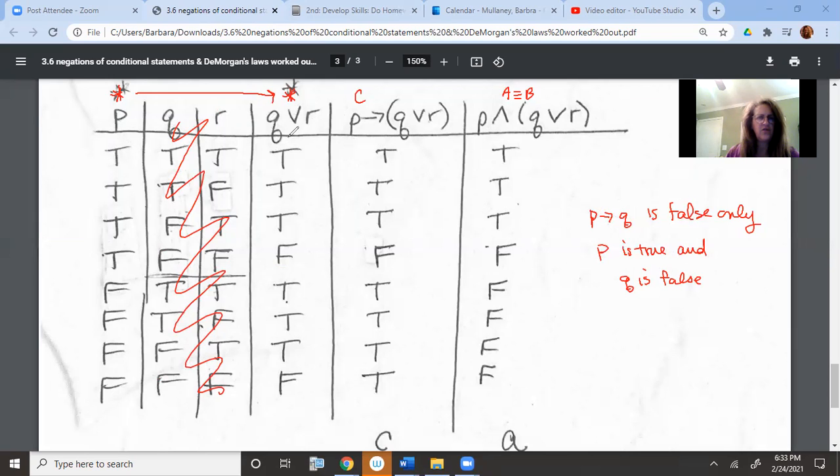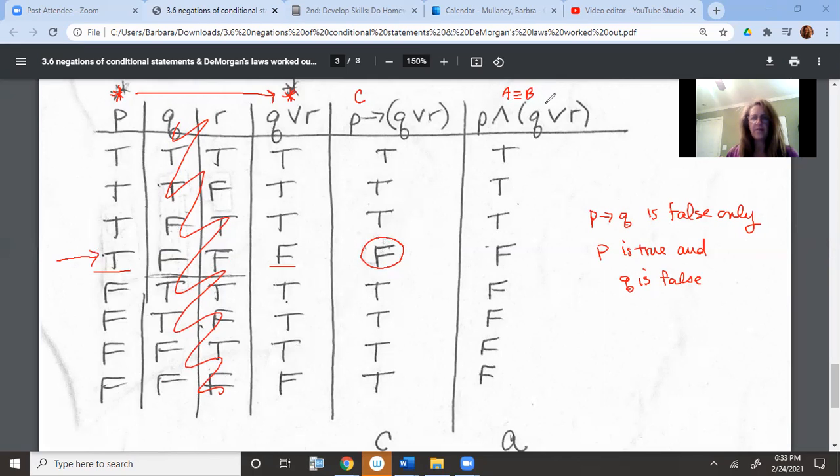Here is that case in which the statement is false. And the rest of these are true. So we only had that one case where the first part, or the antecedent, was true and the second part, or the consequent, was false.